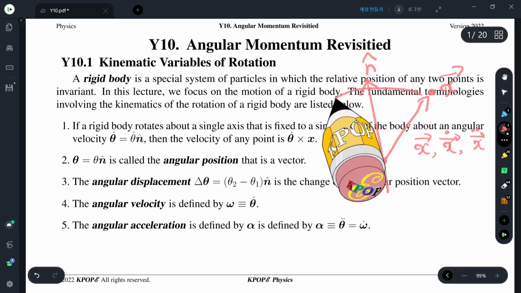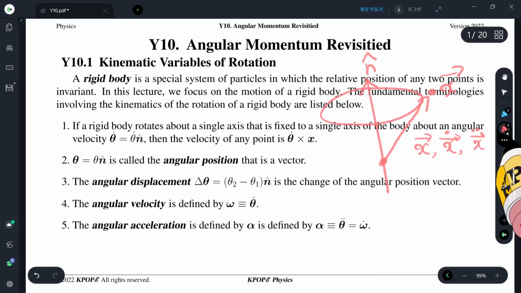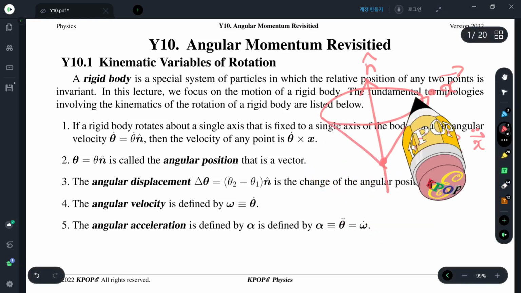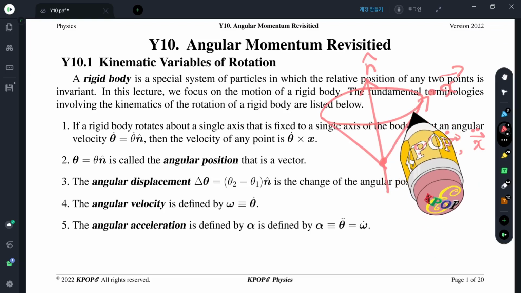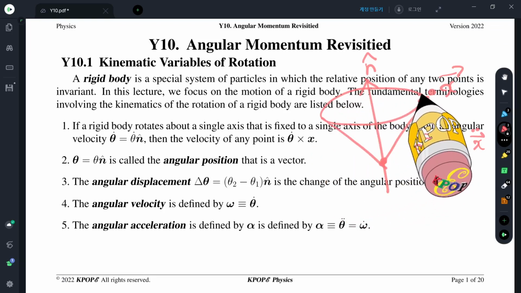So the rotation will generate a motion, but there is a strong restriction due to the fact that this vector x is on a cone.